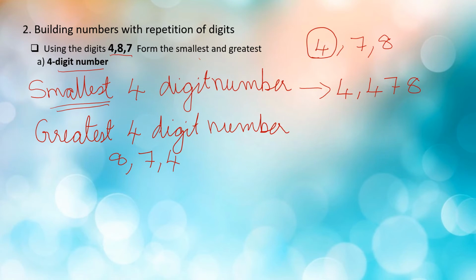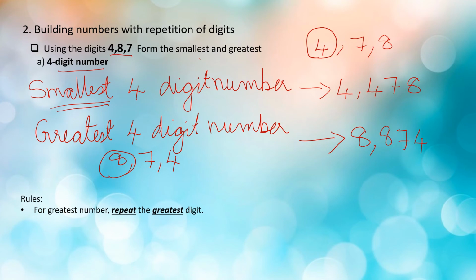You will have to repeat your greatest digit. So which is the greatest digit here? It is 8. So you will repeat your greatest digit 8 and you will form your number. Okay, understood? For the greatest number, you repeat the greatest digit. For the smallest number, you repeat the smallest.